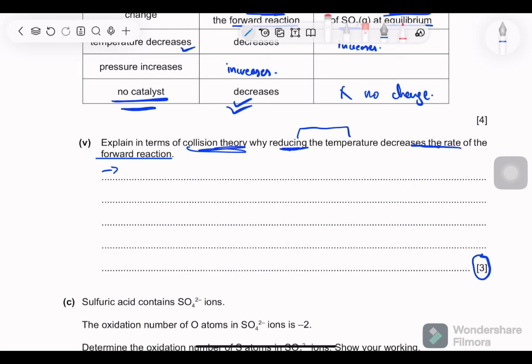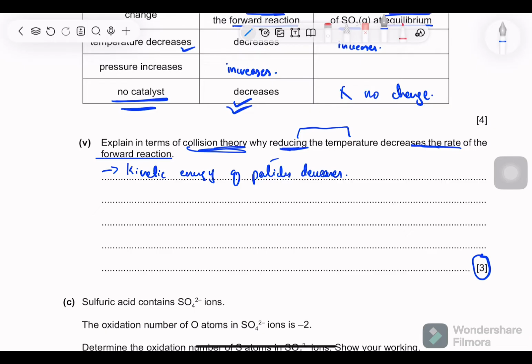Now, why does this happen? We know that when temperature decreases, the kinetic energy of the particles decreases, and this would have been the opposite if the temperature was being increased.